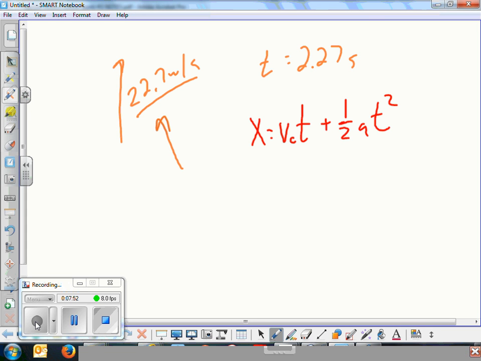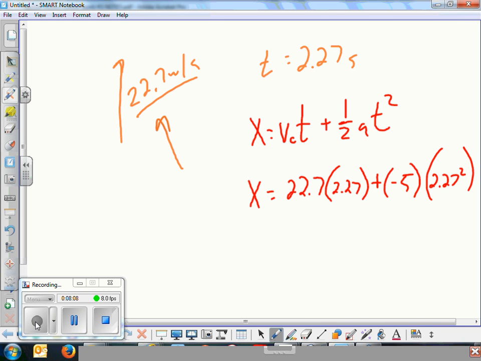So in this case, you might call it y. So that'd be the height: v sub naught is 22.7 times 2.27 plus a -5 times 2.27 squared. And that gives us the exact same answer too. So there's three different ways you could do it. They're all very closely related.